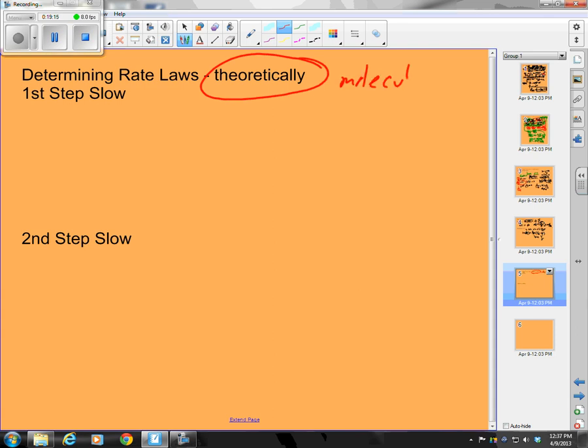That means if I have just A going to something, that's unimolecular. If I have A plus B, that is bimolecular. And then A plus B plus C or A plus 2B, these things are trimolecular.